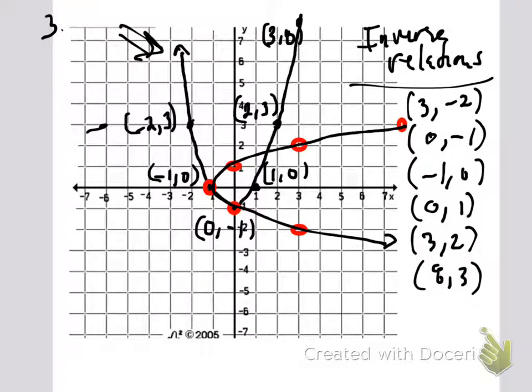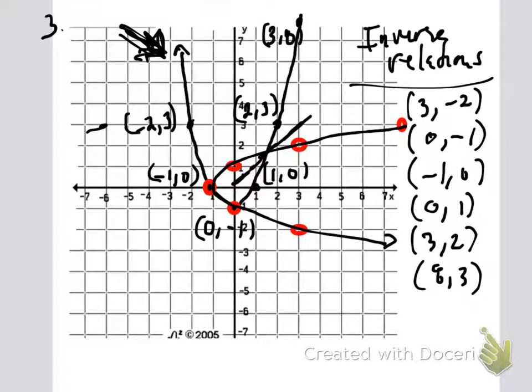The other thing that I want to point out is that I have my original relation, or my original function here. The inverse is going to be the graph of this reflected across the line y equals x.